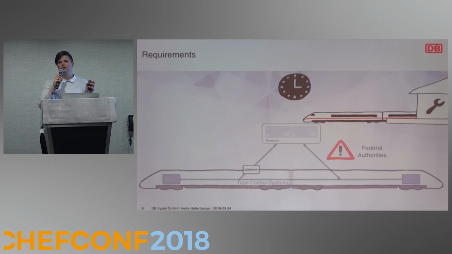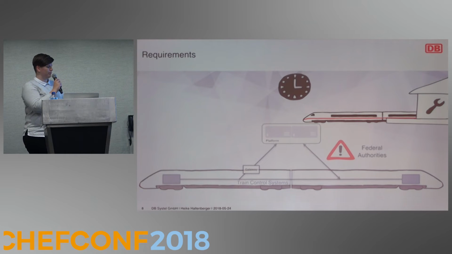That would be that we lose the connection somehow, so that the platform would ride in the train and no one could access it. So we have to make extra sure we don't break the platform with any software change we make.